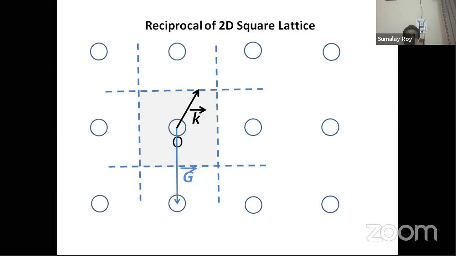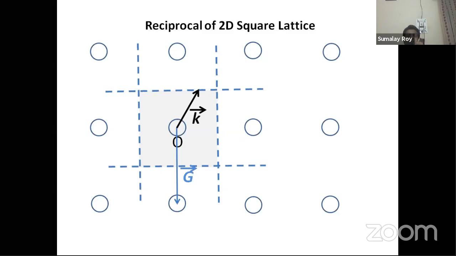Okay. It's very easy. You are taking a component along the vector, but the vector is in the downwards direction. You can take a component along the upwards vector G, and the magnitude of the component will be half of G. Since it is in the opposite direction, it will be minus half of G. So K dot G will be minus half G squared, and 2 K dot G is minus G squared.